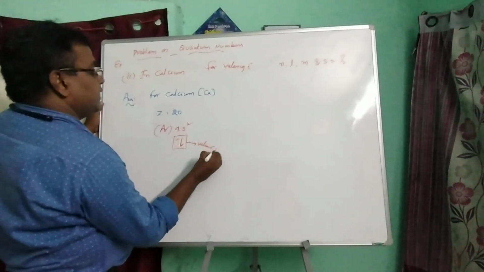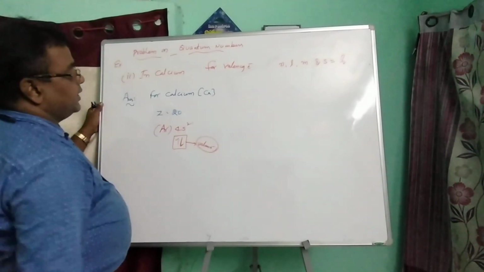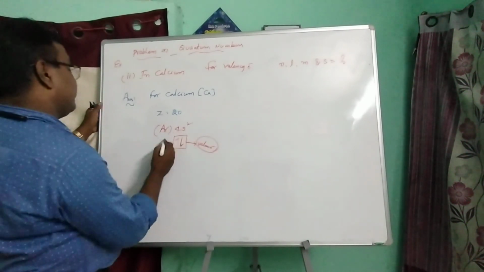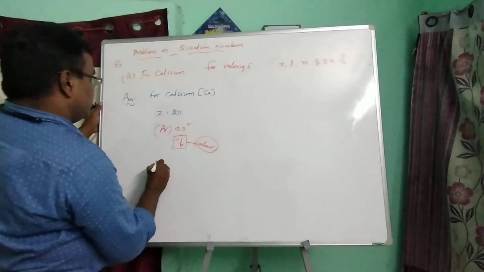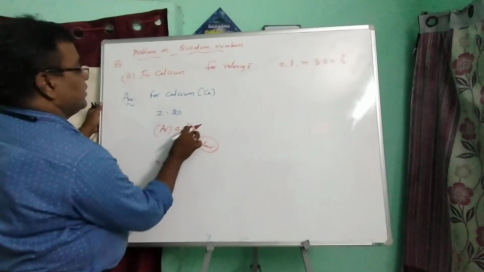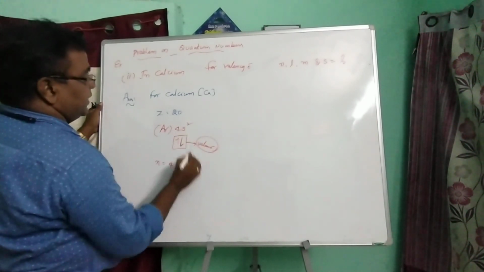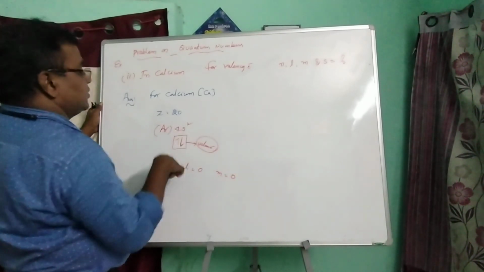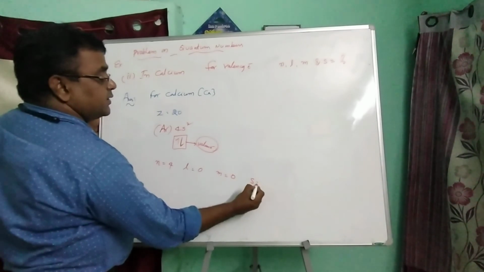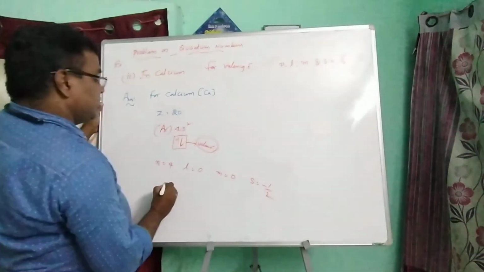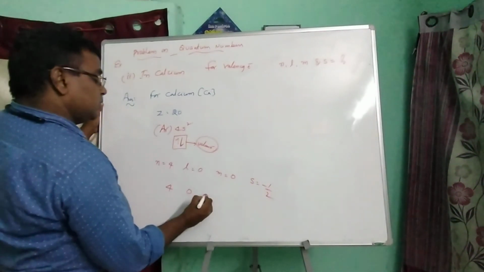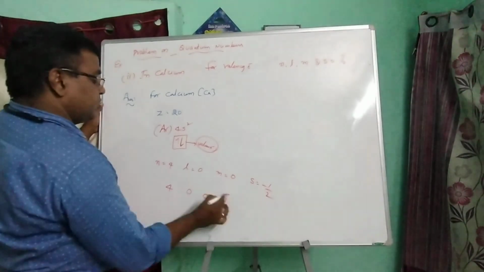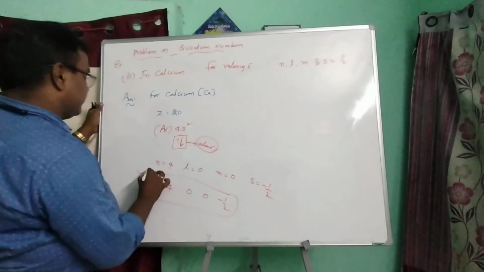We know that the valence electron is the last entering electron. So for calcium, N is equal to 4. For s orbital L value is 0, M value is also 0. The electron is downward, so S is equal to minus half. Therefore 4, 0, 0, minus half. These are the 4 quantum numbers.